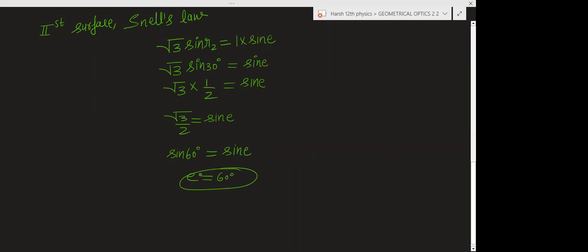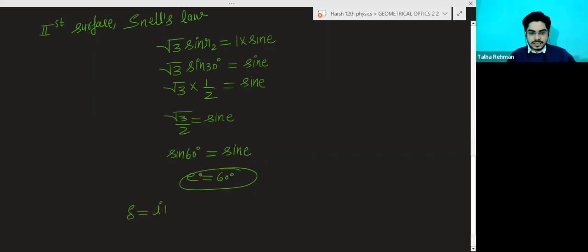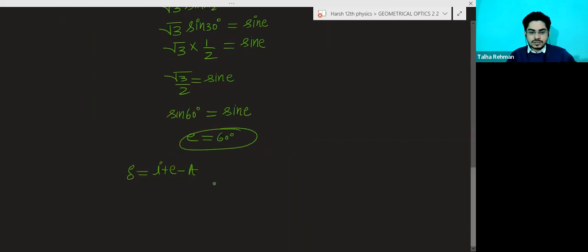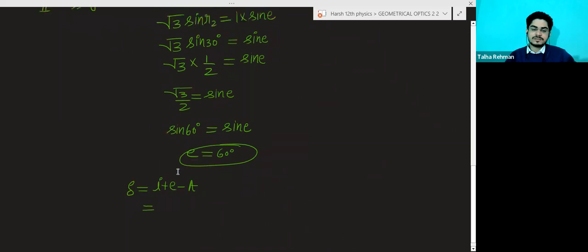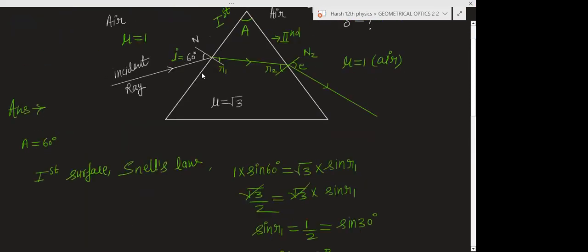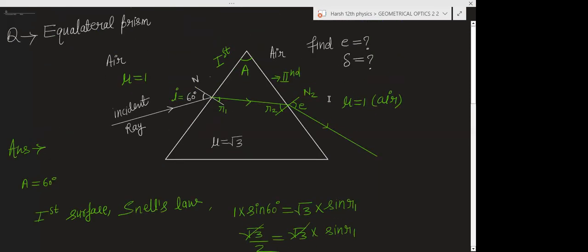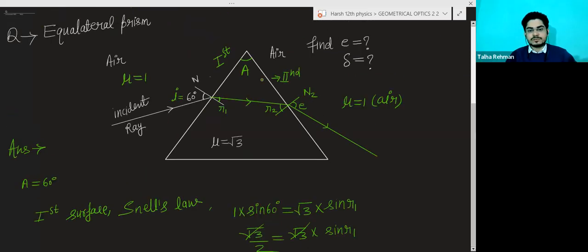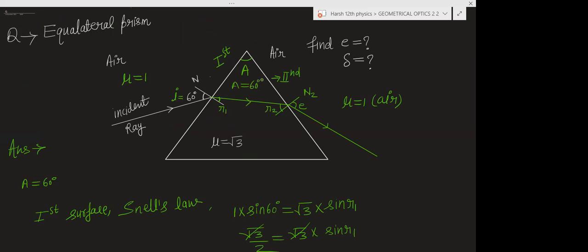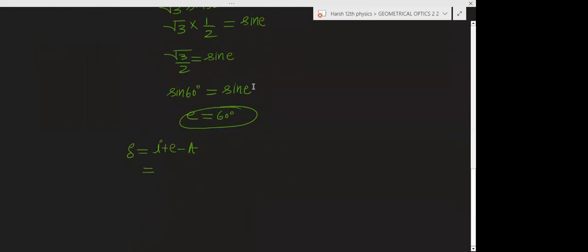Now you can find the deviation, that is I plus E minus A. So now you have angle of incidence 60 degree, and angle of prism A is also 60 degree. So it is 60 plus 60 minus 60.